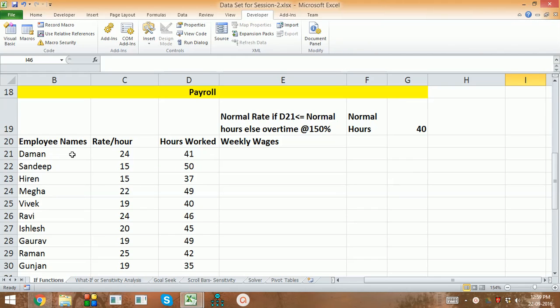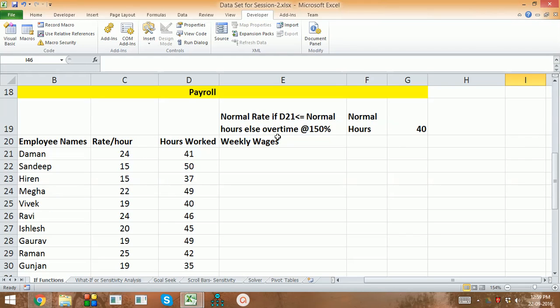So Daman is paid at the rate of 24 rupees per hour, and she worked for 21 hours in that particular week. If an individual has worked normal hours, that is, less than or equal to 40 hours, the person is paid the rate that he or she has been committed to.